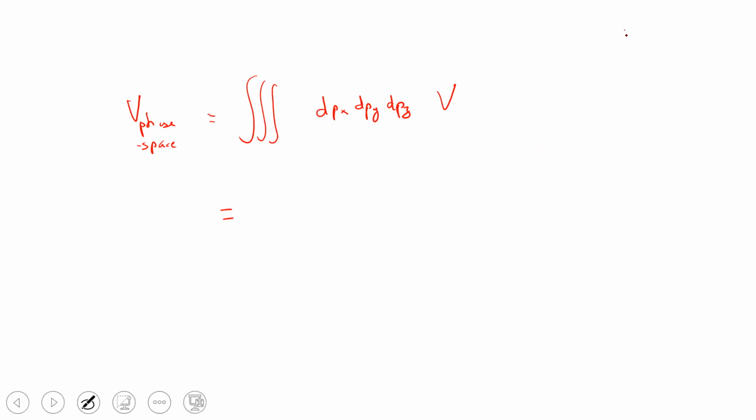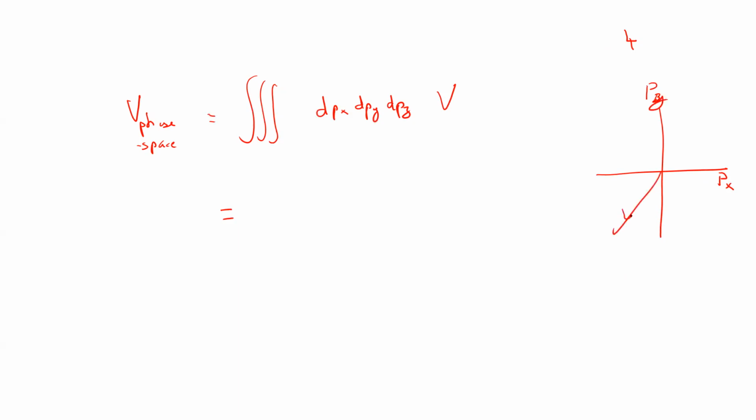Now we'll take the volume of a sphere. We'll take a sphere with the momentum coordinates px, py, and pz. The volume of a sphere is nothing but 4 by 3 pi r cube.